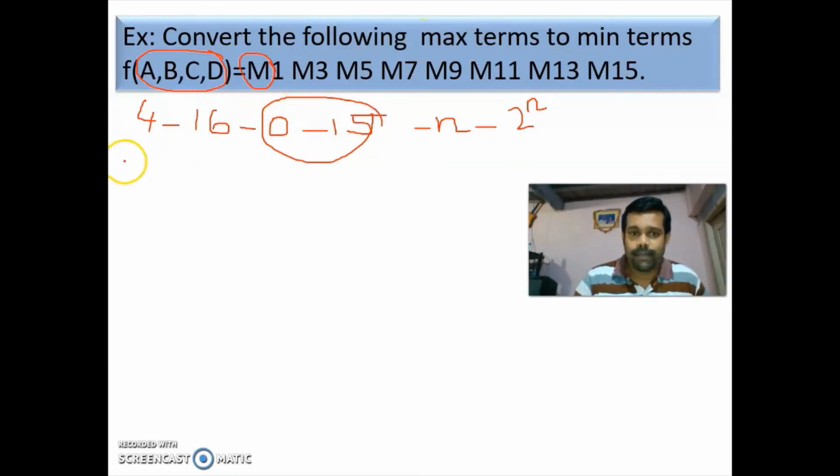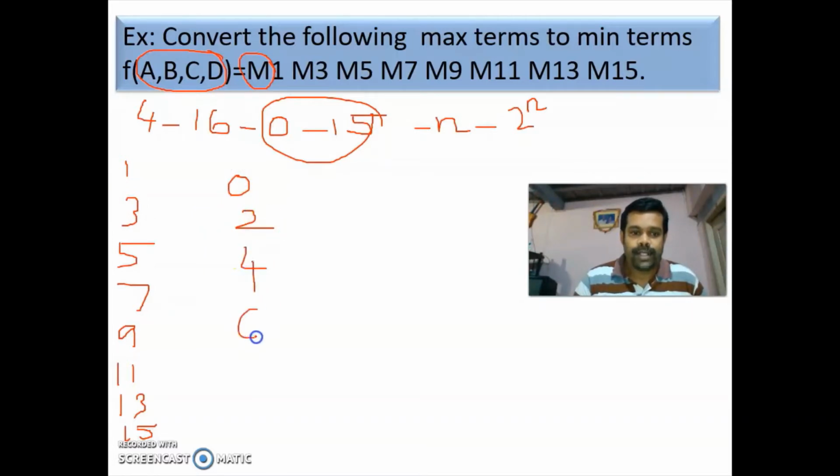That is, numbers are 1, 3, 5, 7, 9, 11, 13 and 15. So the missing numbers are 0, 2, 4, 6, 8, 10, 12 and 14. These numbers are missing.